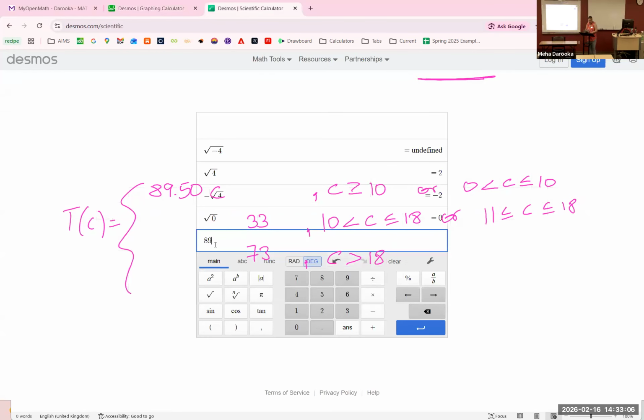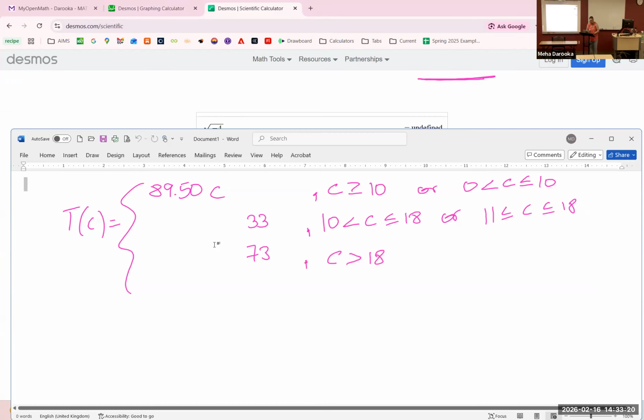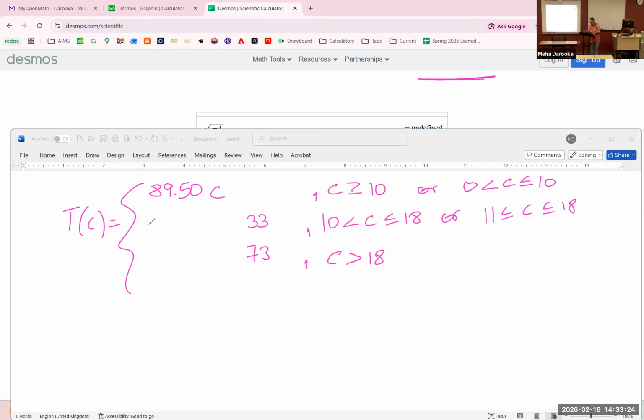So you are doing 8950 for the first 10 credit hours. It's going to cost us $895 total for the first 10 credit hours. So when you are taking that into consideration for part 2 of this, you will be adding that $895 plus $33 for each credit hour, right?